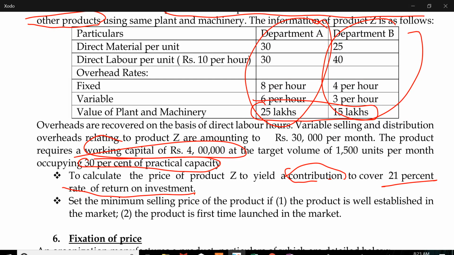So, now write part 1 of the question. Calculation of price to yield a contribution to cover 21% ROI.